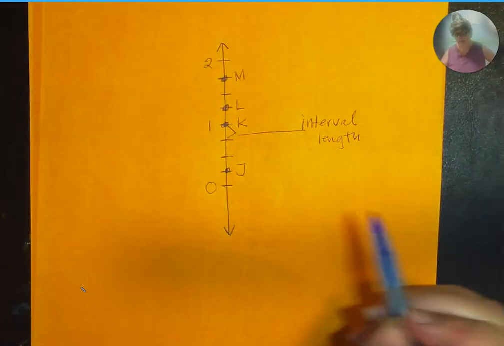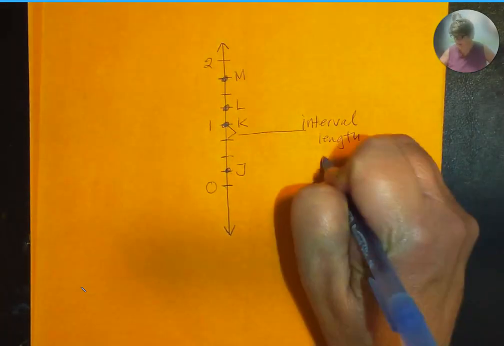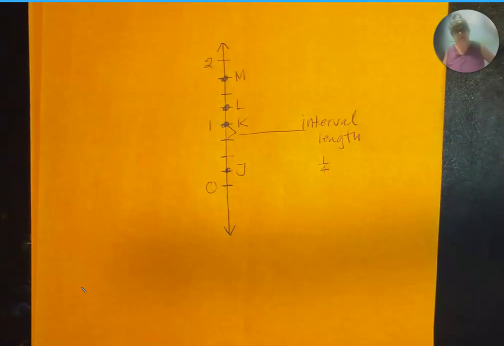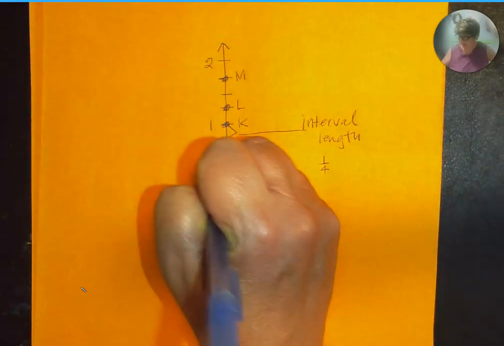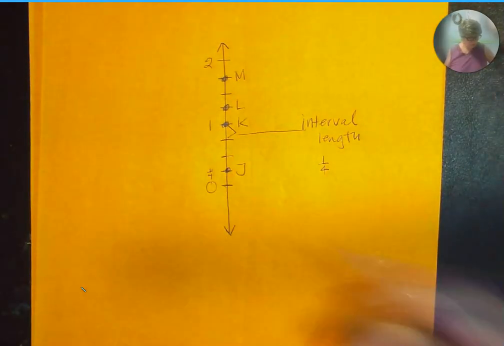So that means that each interval length is 1/4 of a unit. Depends on whether you're using inches, centimeters, kilometers. It's 1/4 of the unit, right? Okay, name the point that has the coordinate 1/4. What is its distance from 0? J is 1/4, and its distance from 0 is 1/4 unit.